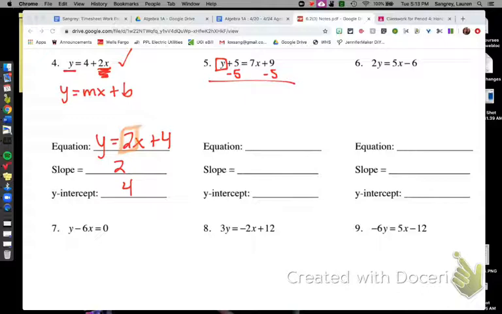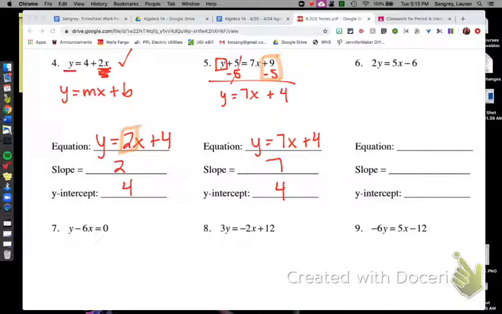Notice when I put the -5 on the left, I purposely lined it up with its like term. So these 5's cancel. So I have y equals 7x plus 4 because 9 minus 5 is 4. Now y is alone. So here's our new equation, new form of the equation, I should say. Your slope is 7 and your y-intercept is 4.